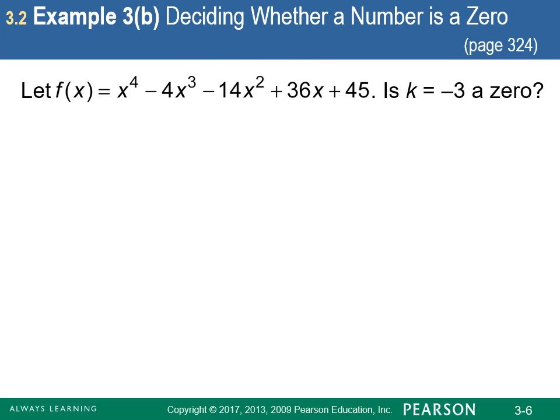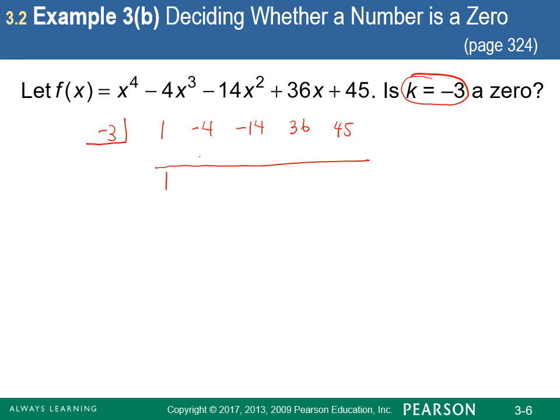Now I would venture to say that you've never experienced a 4th degree polynomial before. However, there is no difference in the steps. We're going to take the negative 3 and do our process.